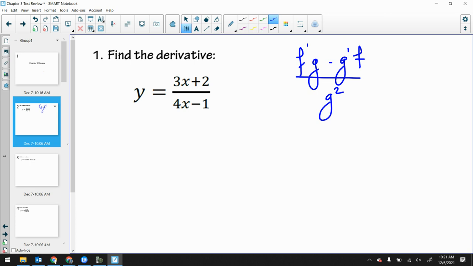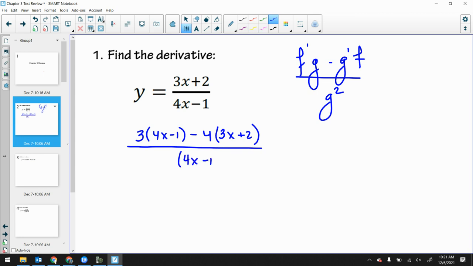Okay, so let's find f prime. Well, what is the derivative of the top? 3. Times the original bottom, 4x minus 1, minus the derivative of the bottom, 4, times the original top, all divided by 4x minus 1 squared.